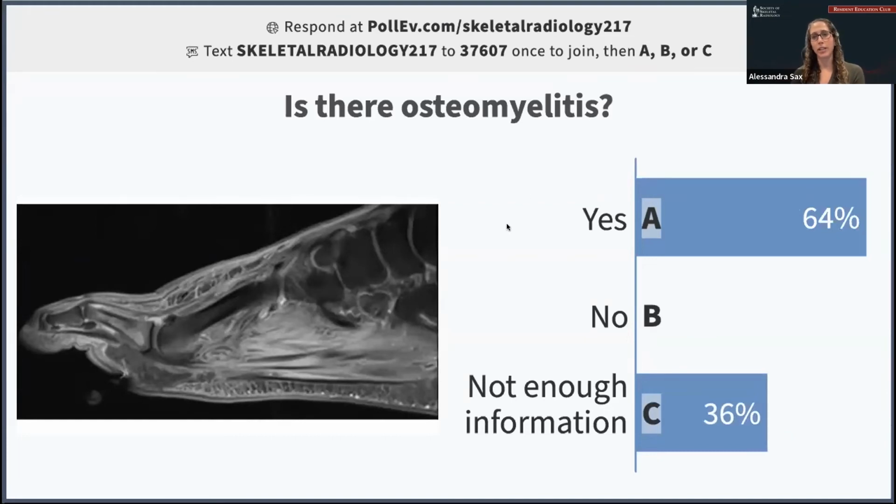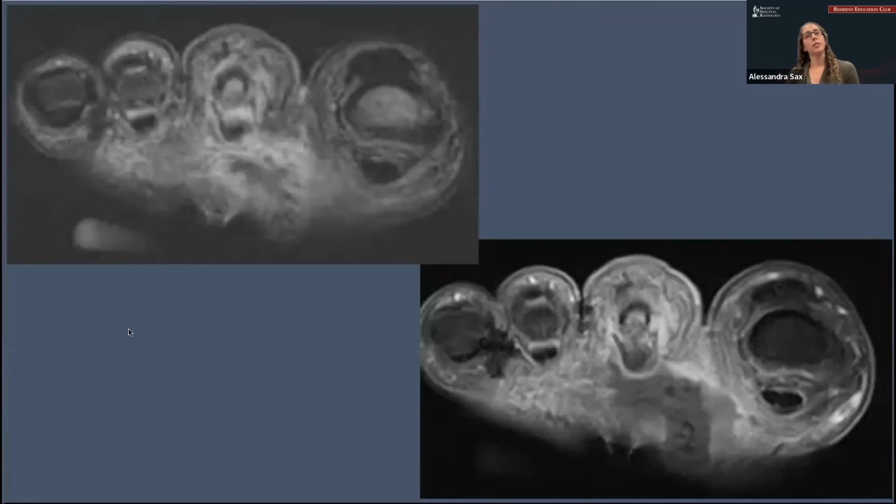Okay, it looks like we're not really split, but the majority of you are saying A, there is osteomyelitis, but no one's really leaning towards one or the other. It's relatively equal. This actually is osteomyelitis. There's edema adjacent to infected tissue, so we call this osteomyelitis.